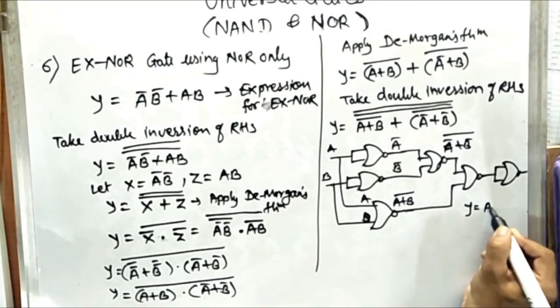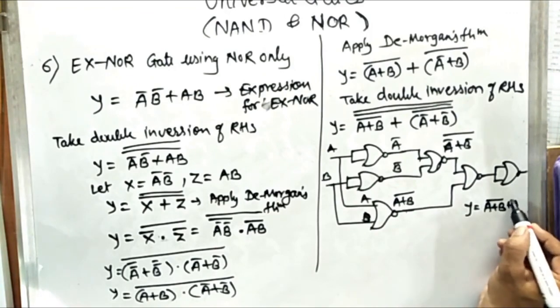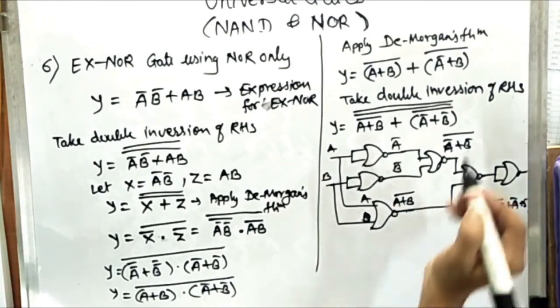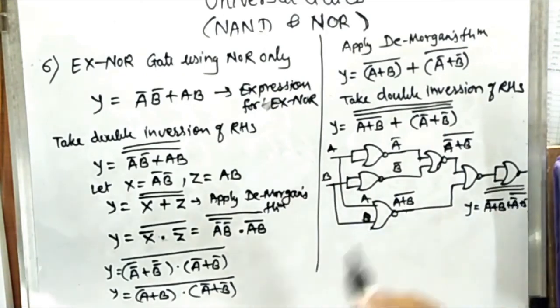So we get A plus B complement plus A bar plus B bar complement and double complement. So this is the XNOR gate using NOR only.